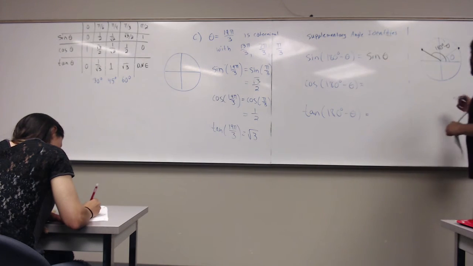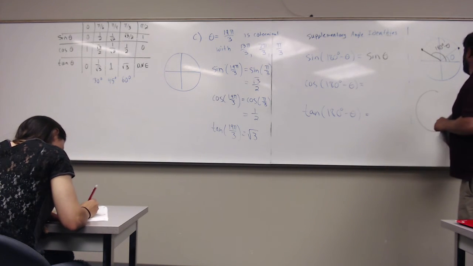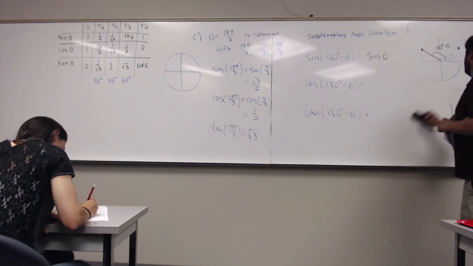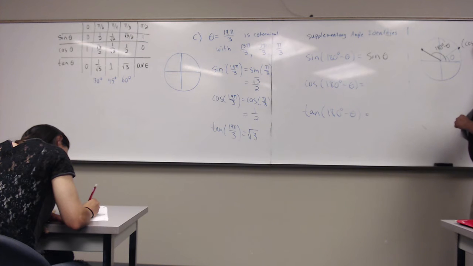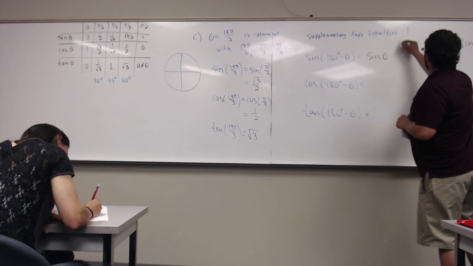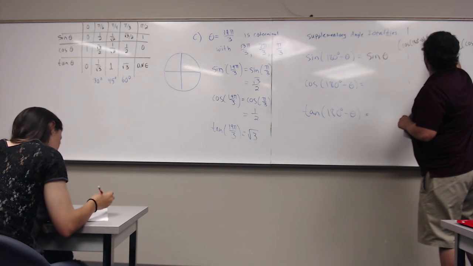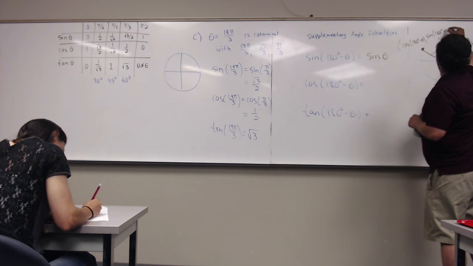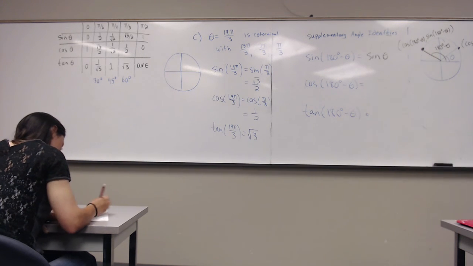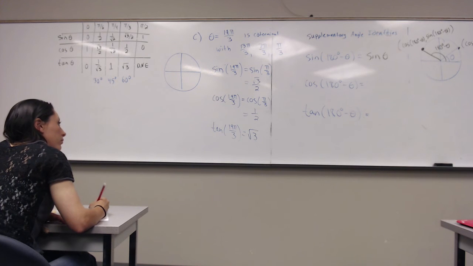And then I'd have to draw a new picture for cosine. Actually, no, I don't. It's already up here, right? The coordinates of this point are cosine theta, sine theta. And the coordinates over here are cosine 180 minus theta and sine 180 minus theta. So for a given angle, the x and y coordinates are just cosine and sine of that angle.